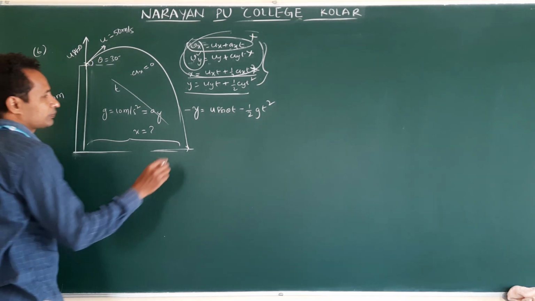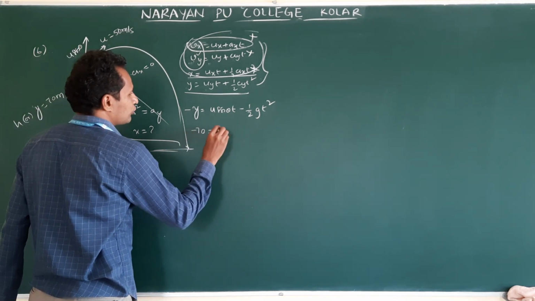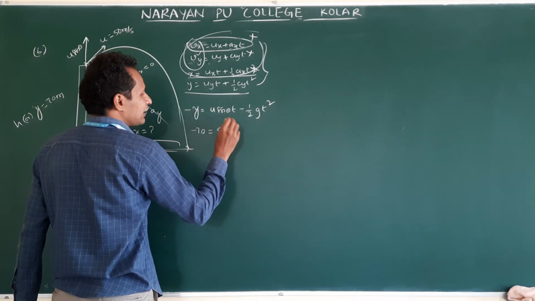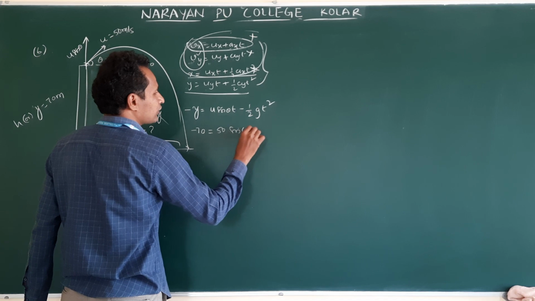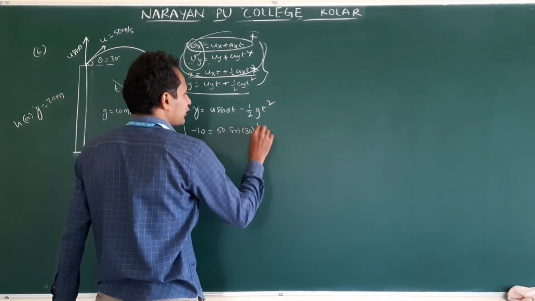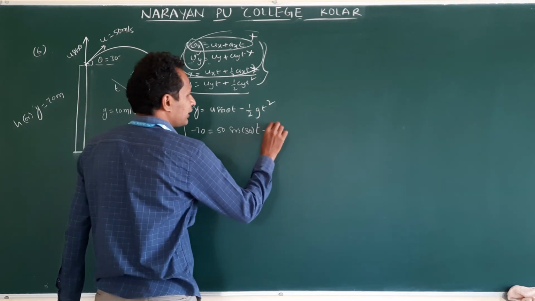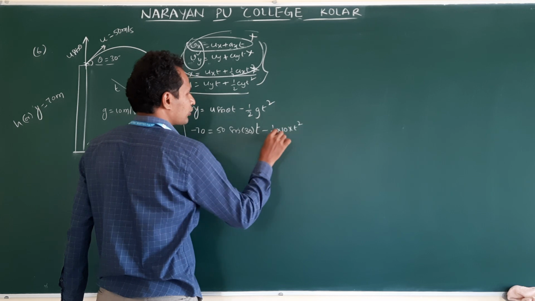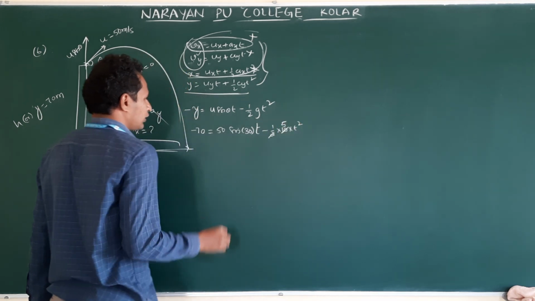So minus 70 is equal to, what is the initial velocity? 50. What is the angle of projection? Sin theta, the angle of projection is 30 degree. T is what they are asking, keep it as this. Minus 1 by 2, what is the g value? 10 into t square. 2 ones, 2 5s.